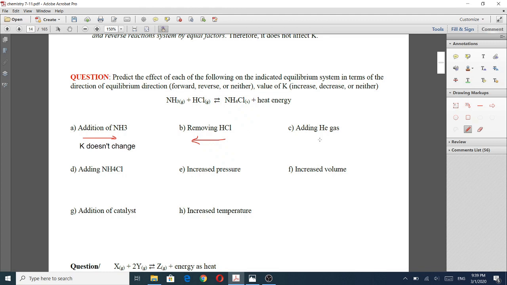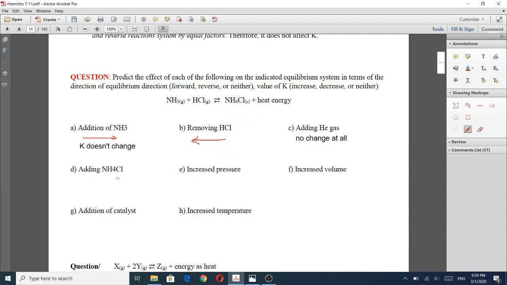Adding helium gas. Helium is an inert gas. And if you remember, adding inert gases to a system which does not contain that gas specifically causes no change at all on the equilibrium system. Adding NH4Cl.